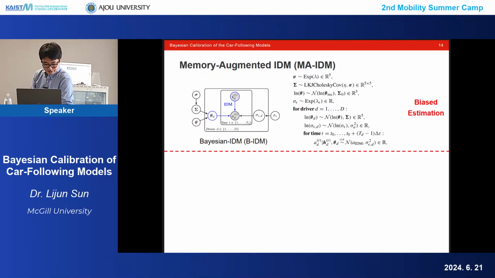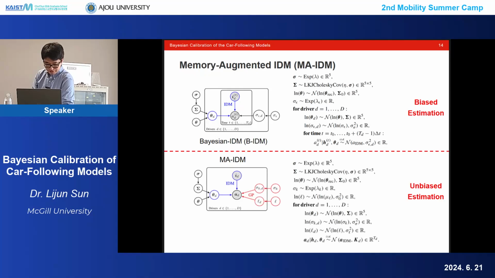So now let's get into the calibration part. The calibration part is essentially the same. I still use a likelihood-based calibration framework, but the only difference is that in the general IDM case, I assume at each time point I have a likelihood from a normal distribution, and everything is independent over time.